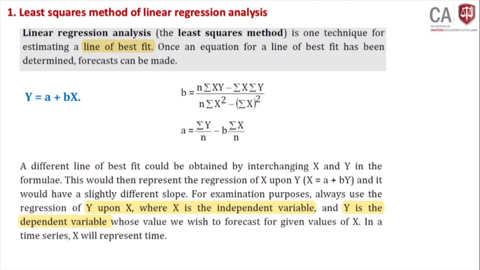Let us say you have sales volume, sales level over a period of, let us say, months or weeks. Those are the two variables, the time and the output, or else sales price and the output, sales value and the output.